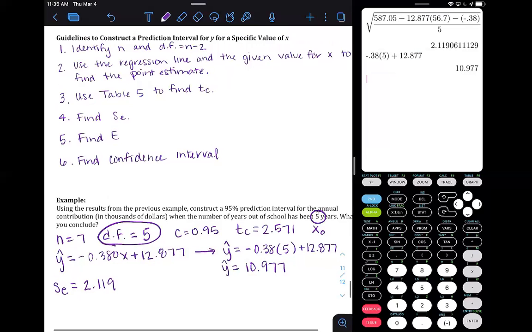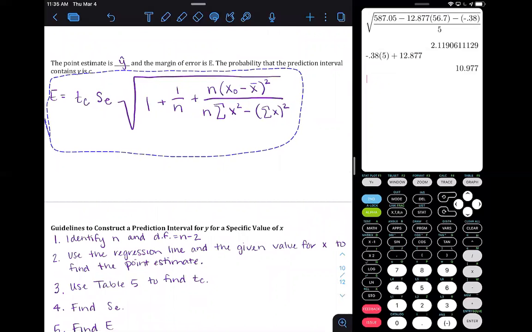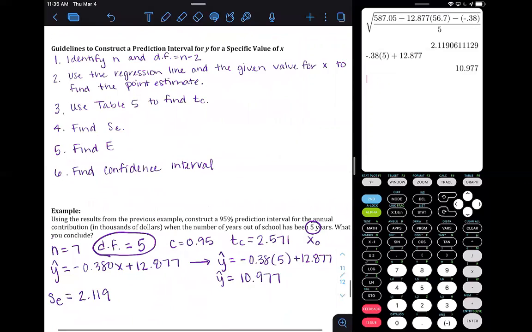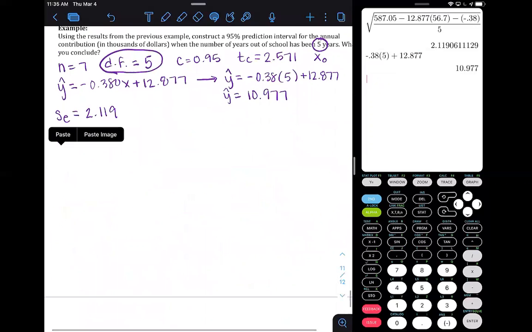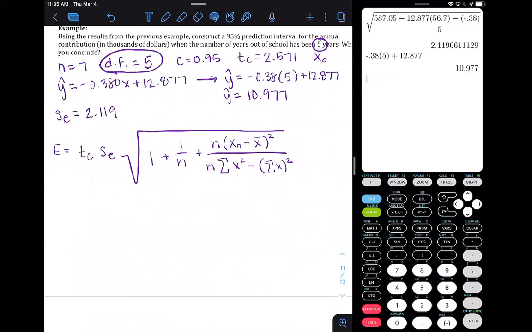And now we need to find our margin of error E by plugging into this formula, which I'm going to copy and paste down here. That way we can see it and plug it in at the same time.